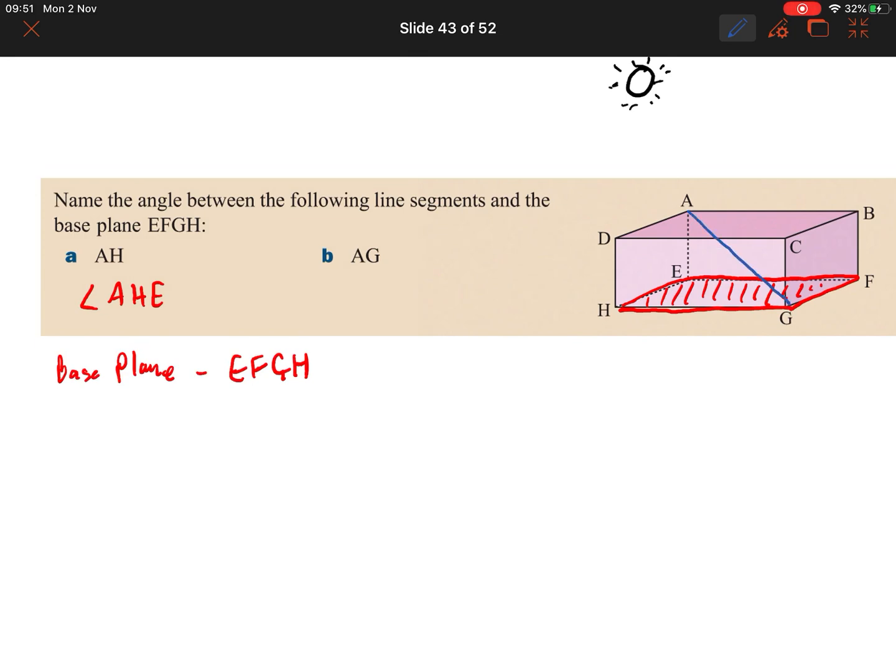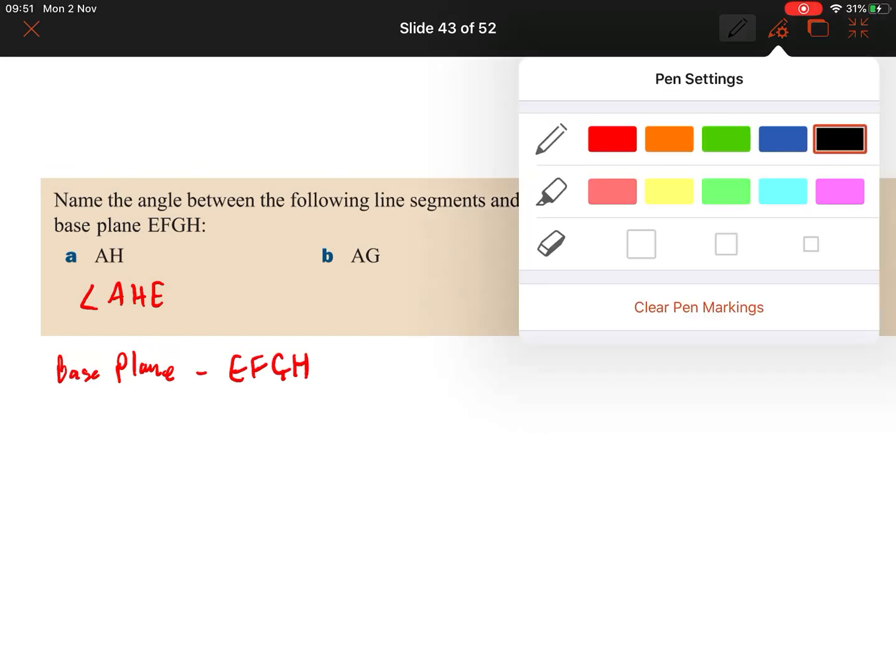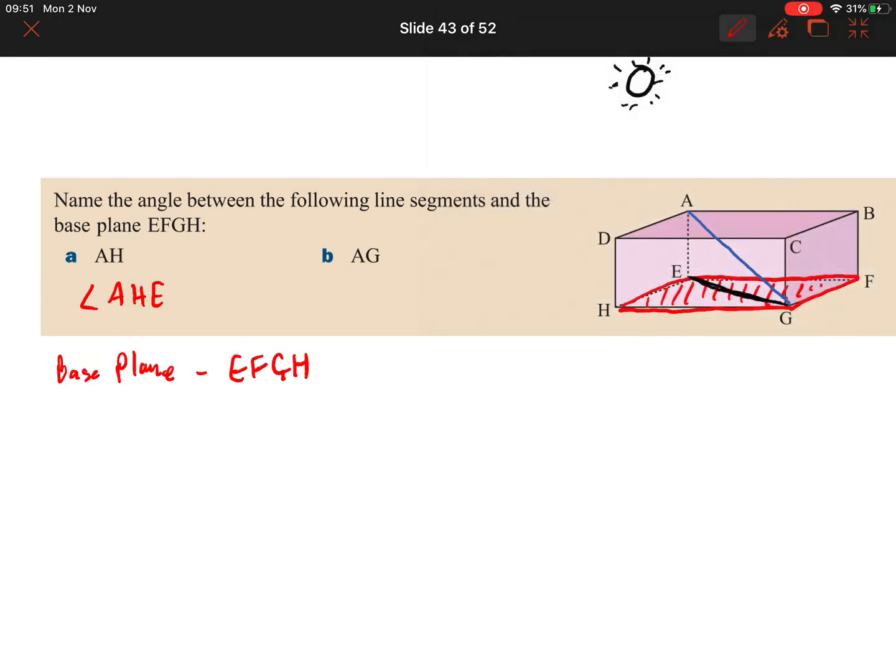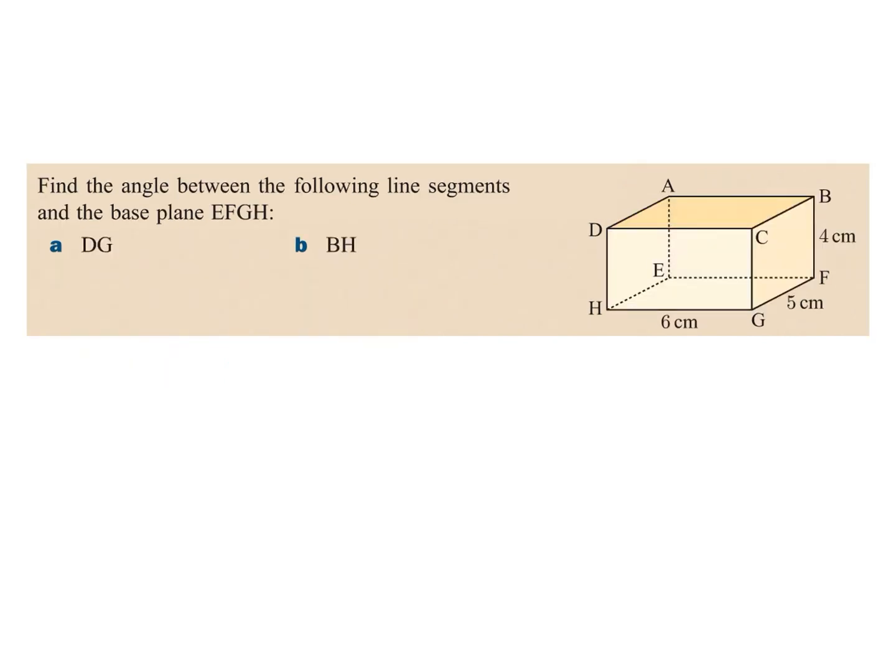Well, that is here. Okay, imagine a shadow is being cast from directly above. Below AG, it would cast a shadow that looks like this. So the actual angle that we want to know is angle AGE. Angle AGE. Okay, so I hope that makes sense to you.